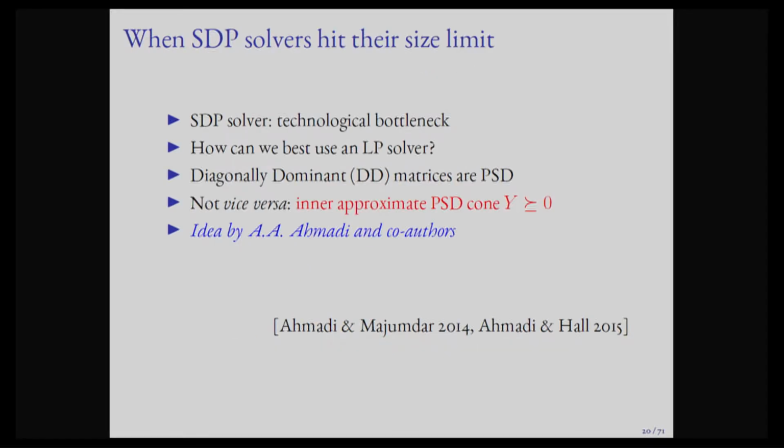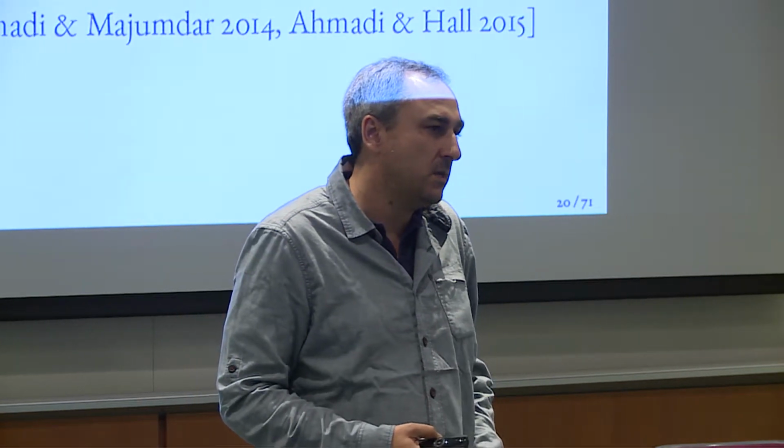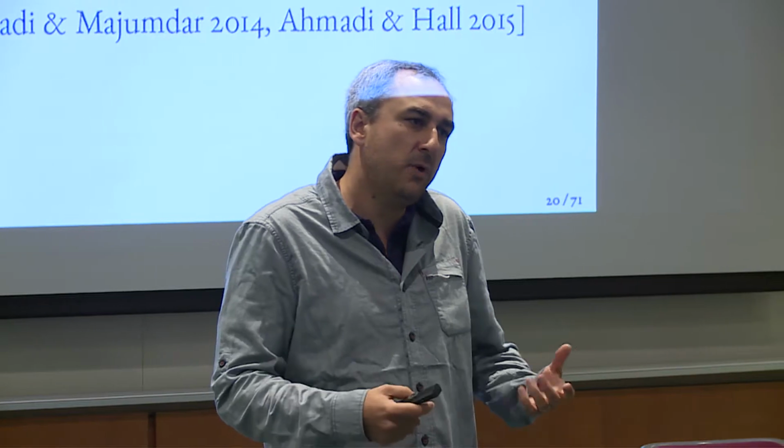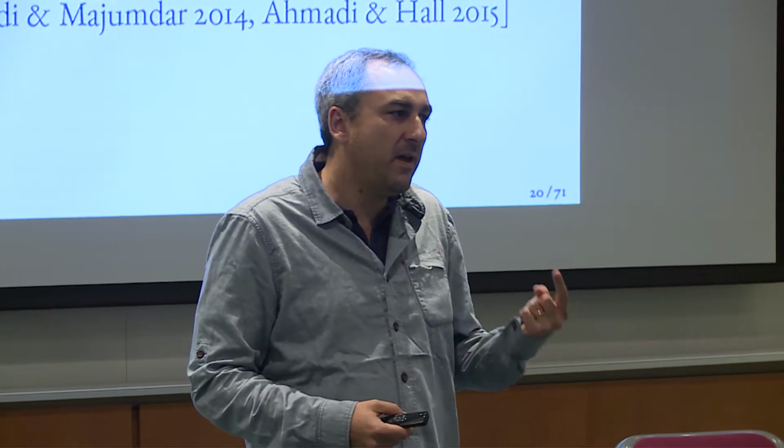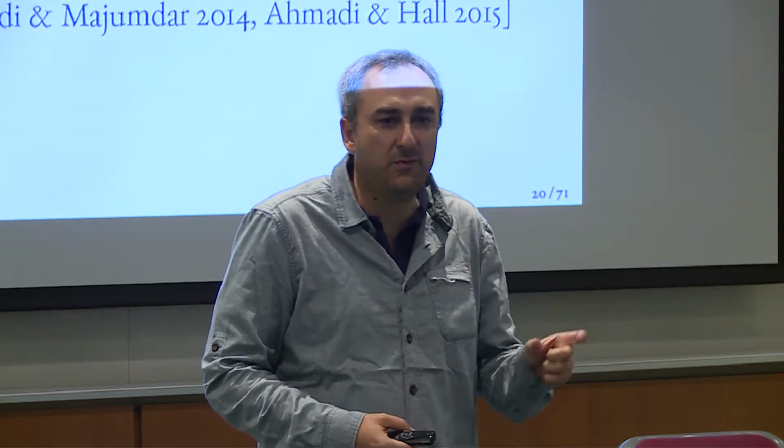All right. So what happens when SDP solvers hit their size limits, and do they hit their size limits? In fact, yes, unfortunately. SDP, semi-definite programming, is a good formulation because it can be solved in polynomial time, at least to a desired accuracy. However, this is not exactly enough, meaning that we have added a new variable for each pair of old variables.